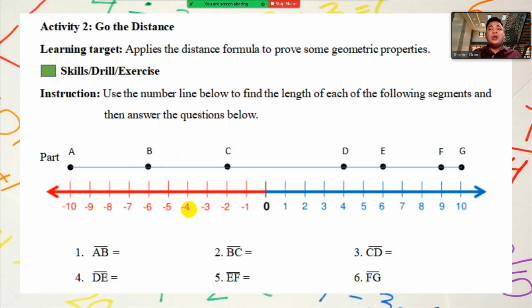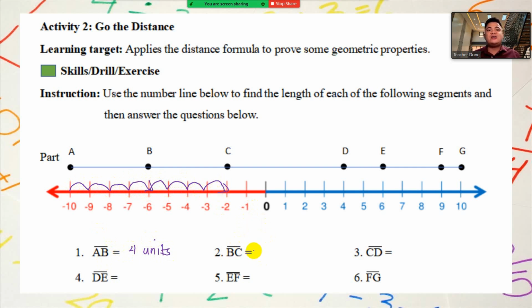To know the distance between points A and B, you have to count the number of units from point A. So it's 1, 2, 3, 4. So from point A to point B, we have 4 units. Simple as that. Let's have number 2, segment BC. From point B, you will count the units going to C. 1, 2, 3, 4.